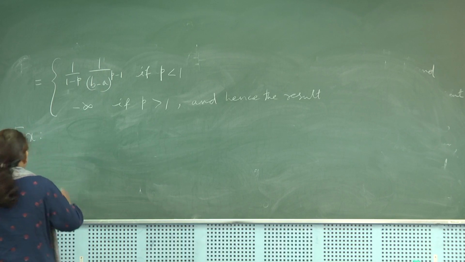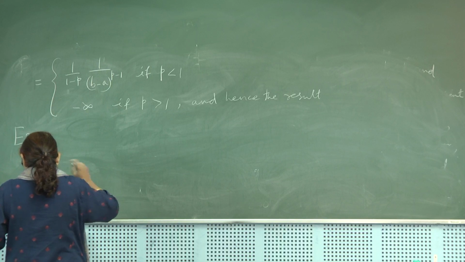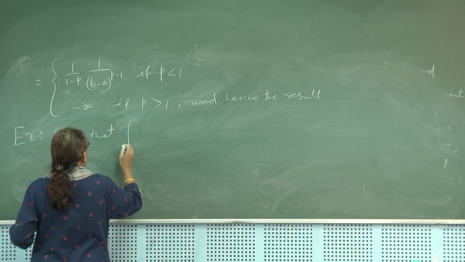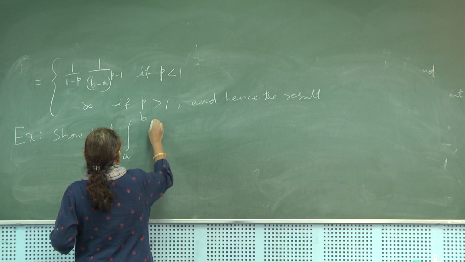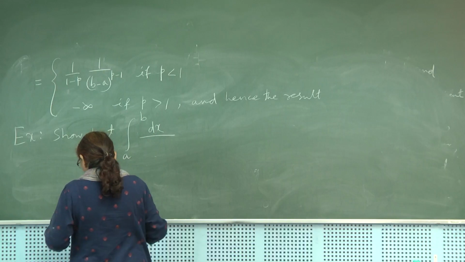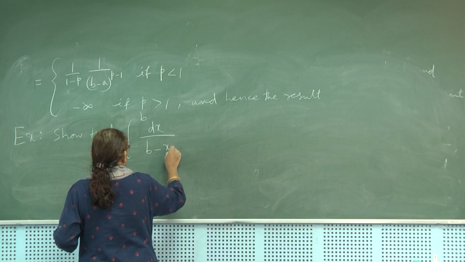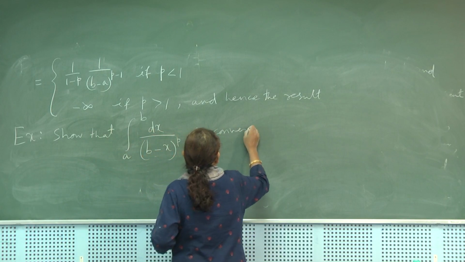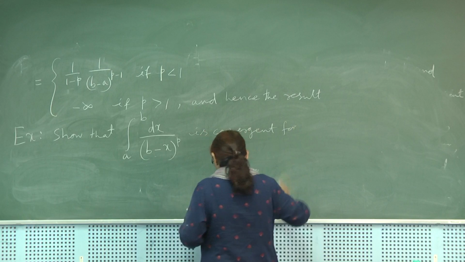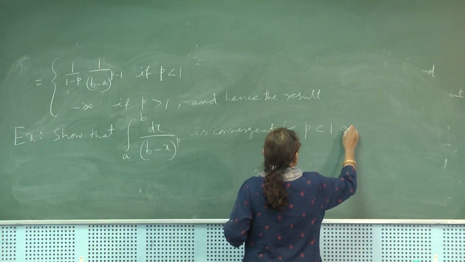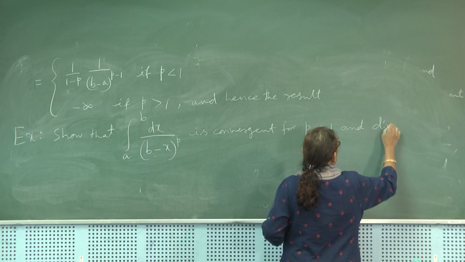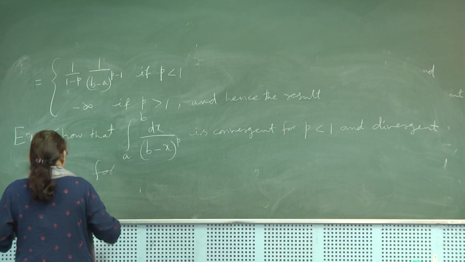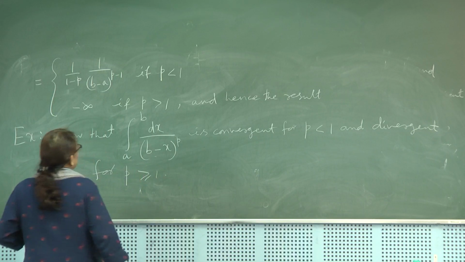It is the same thing, in a similar way you can prove that the integral from a to b, dx divided by b minus x whole to the power p, is convergent for p less than 1 and divergent for p greater than or equal to 1, that you can check.